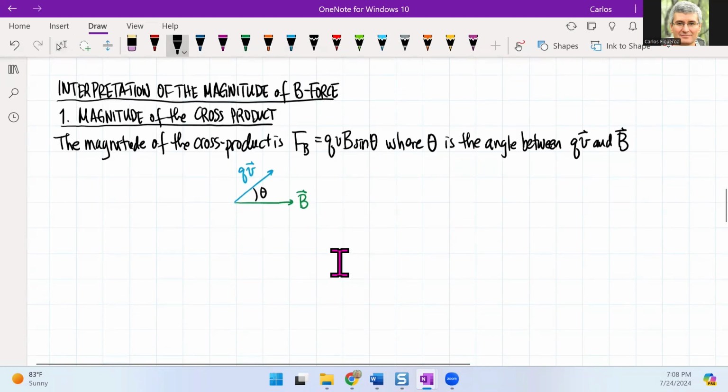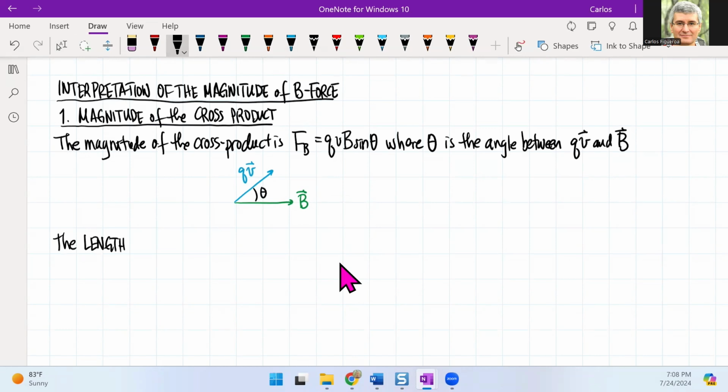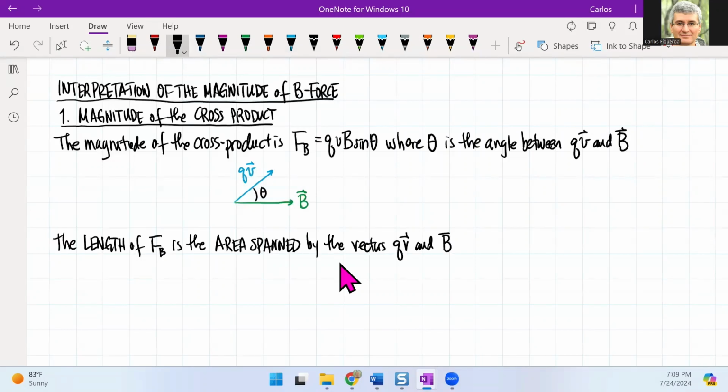According to the cross product, the length of F of B is the area spanned by the vectors QV and B. Once again, the length of the magnetic force is the area spanned by these two vectors. That's the definition of a cross product area.